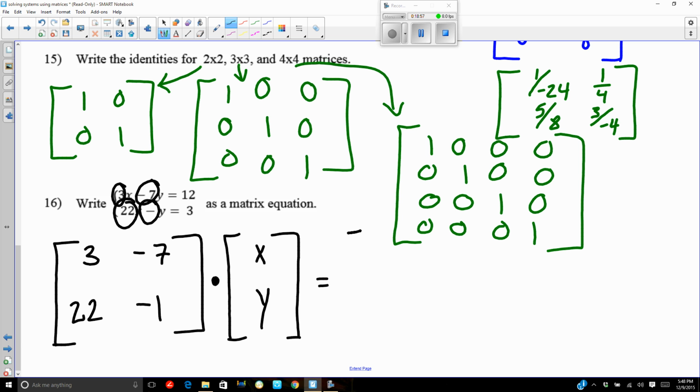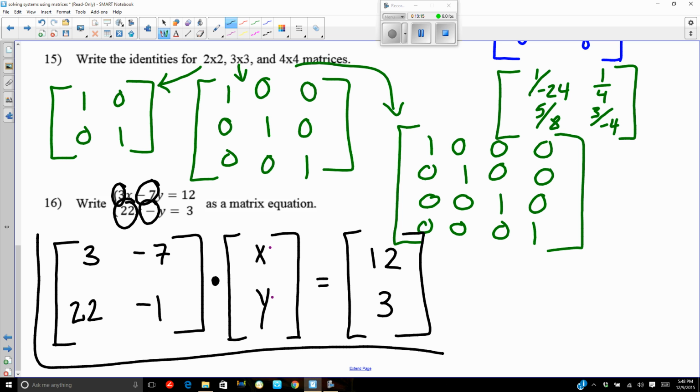And if we multiplied the coefficient matrix times whatever x and y are going to be, it would yield 12, 3. That's all they're looking for when they ask for a matrix equation. Don't actually solve it, but you need all three of those matrices to be correct for 16.